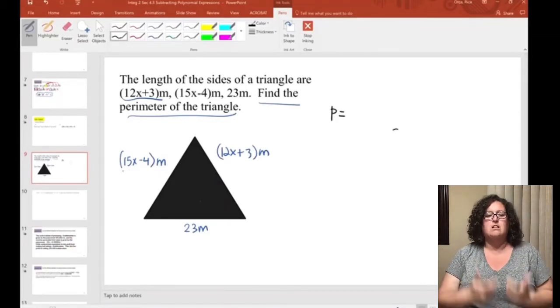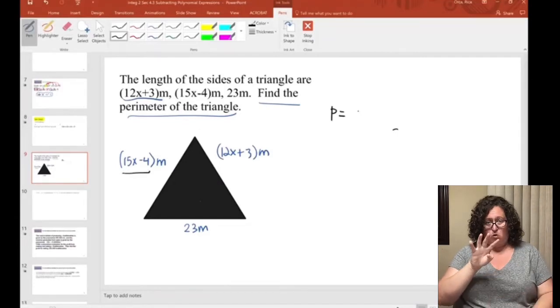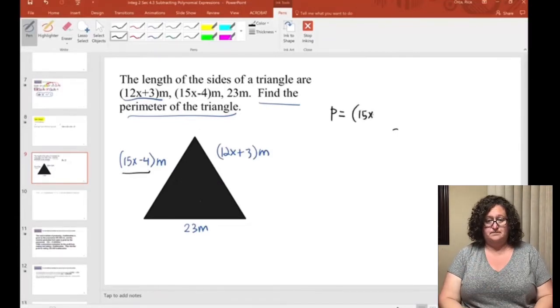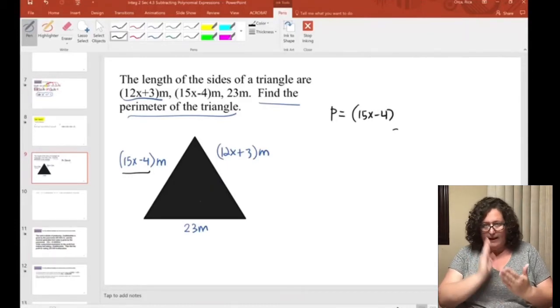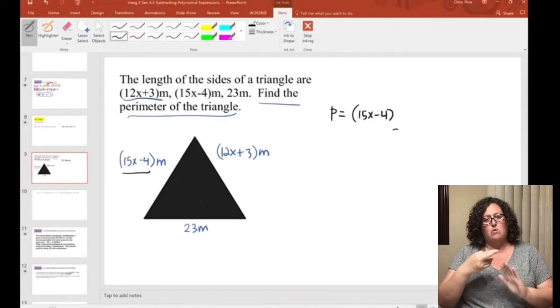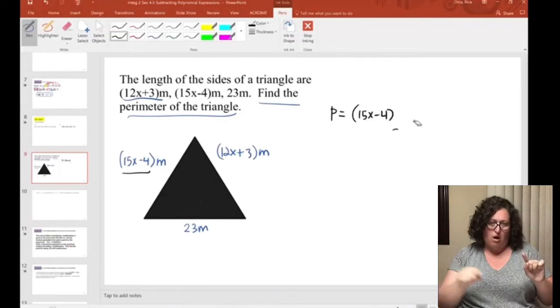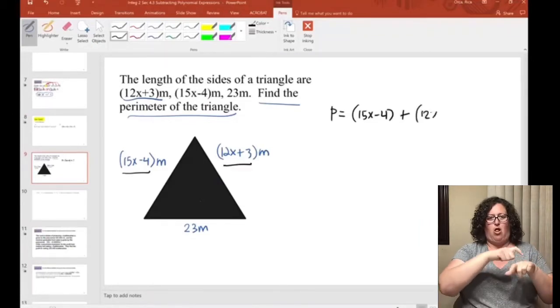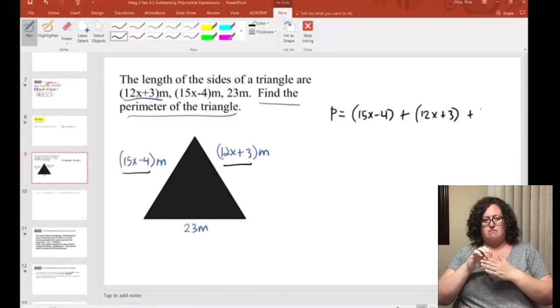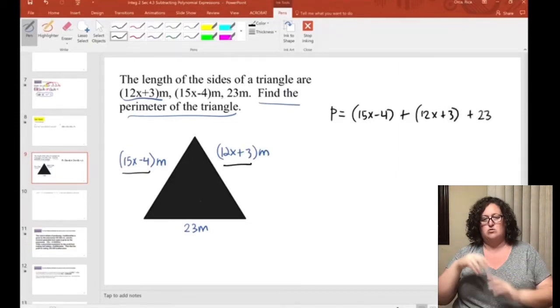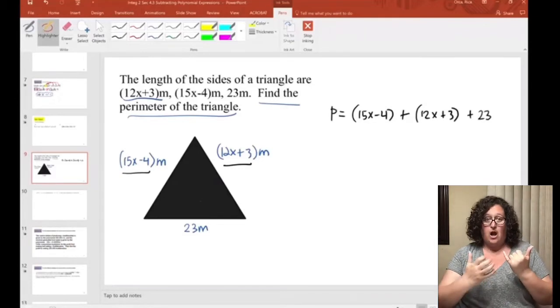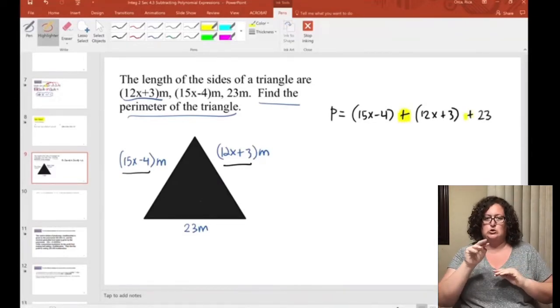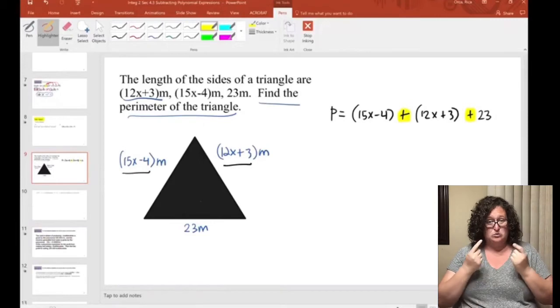Let's start with the 15x minus 4. And I don't have to write m until the very end because once again, m represents the distance around the triangle. So 15x minus 4 plus, and I'm going clockwise here, 12x plus 3 plus 23. Now I want to combine like terms, and because we're adding, all we need to do is drop the parentheses and add.